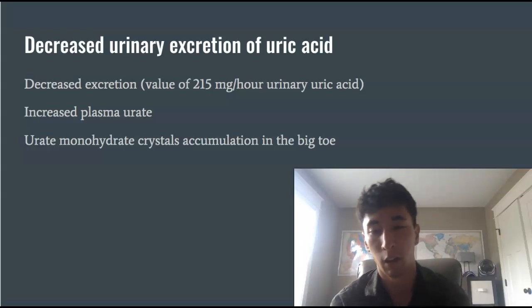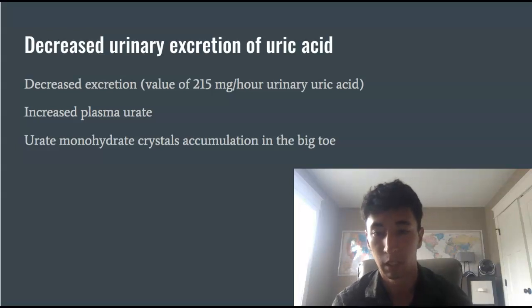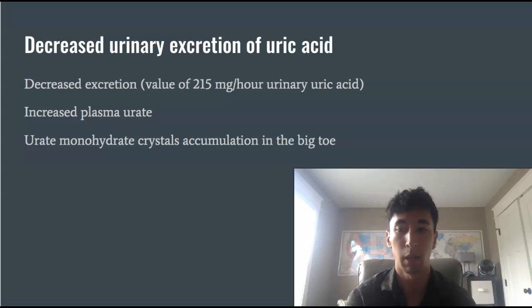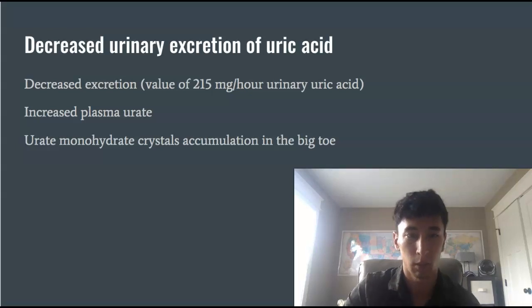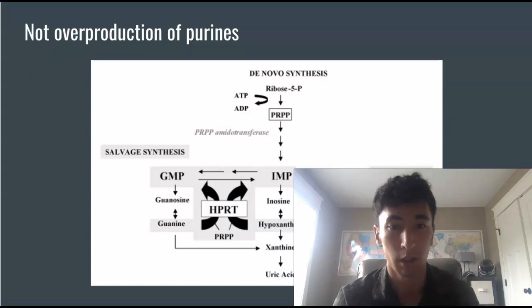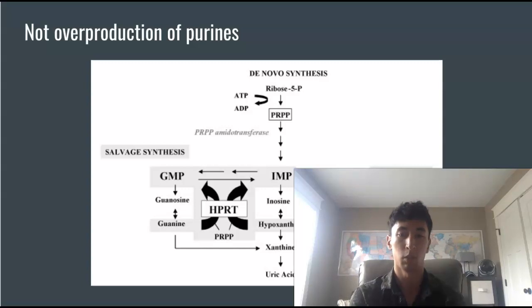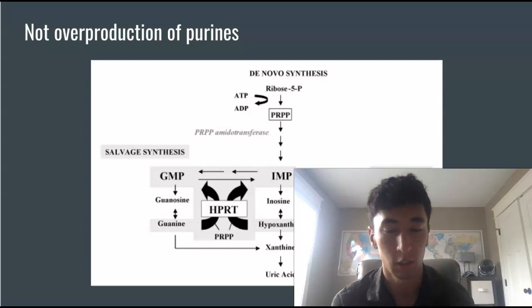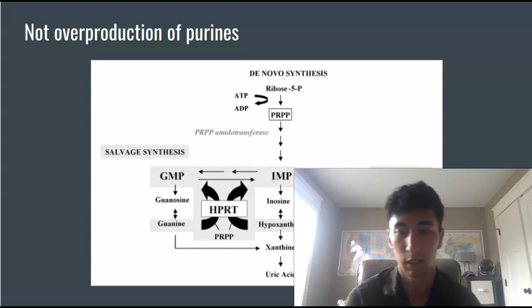Those values are talked about in the slide above too. Overproduction of purines, which we'll talk about next, is close to the diagnosis, but it made more sense that decreased urinary excretion of uric acid was the main diagnosis over overproduction of purines.